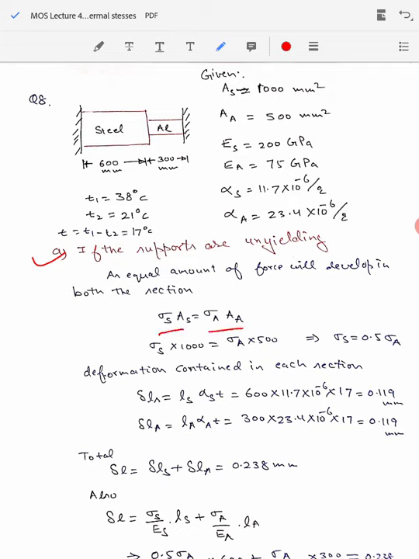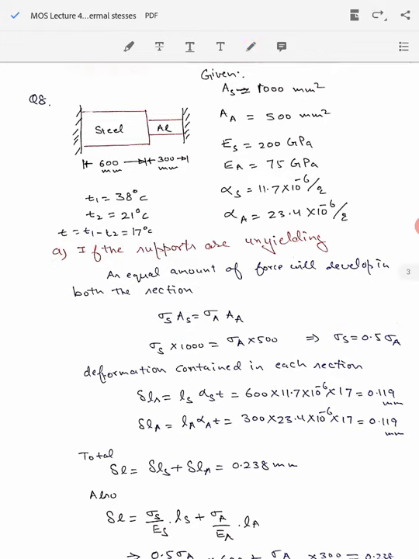So sigma S A S, which is the tension force in the steel part, will be equal to sigma A into A A, which is the tensile force in the part of aluminum. Let's substitute the value of areas here, and you can calculate a relation between sigma S and sigma A with the help of this equation.